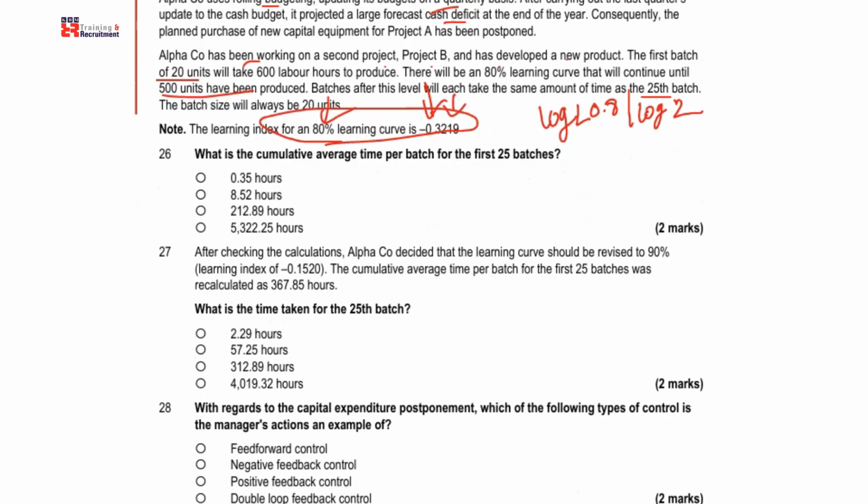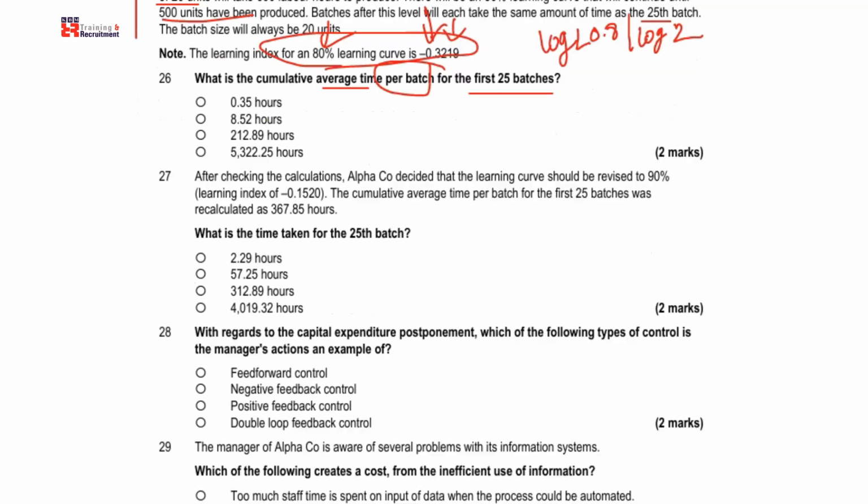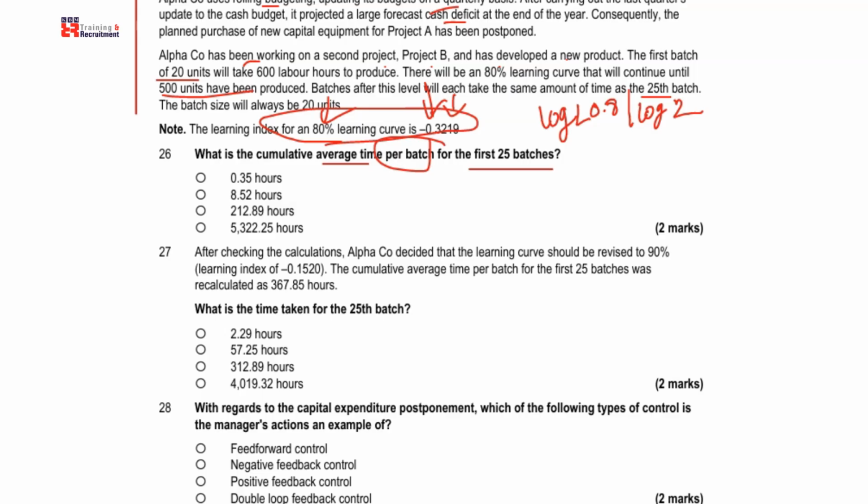Now let's go on to the questions, one by one. Requirement: what is the cumulative average time per batch for the first 25 batches? Now let's do y equals a x to the power b, and the value of b is given, and a is the first batch, which takes 600 hours, right? And x is the 25 batches to the power minus 0.3219.